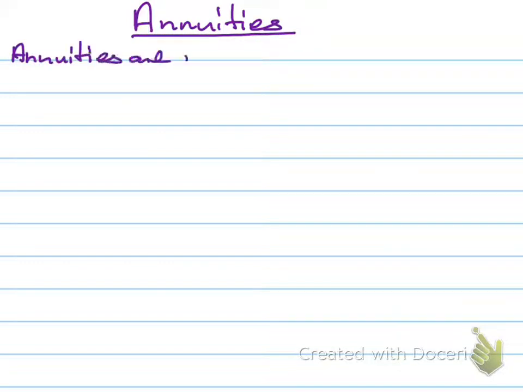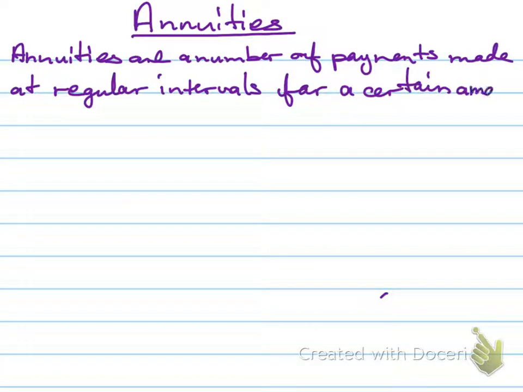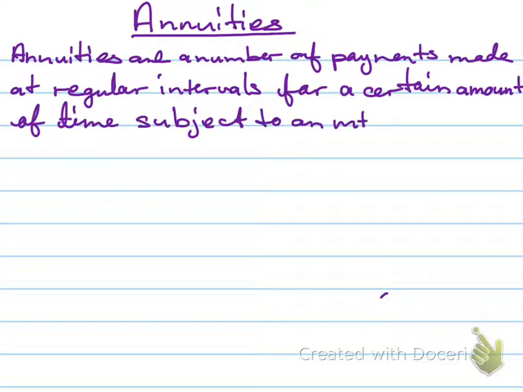Moving on, let's look at what we are doing in grade 12. In grade 12, we'll be looking at annuities. Annuities are a number of payments made at regular intervals for a certain amount of time, subject to an interest rate.